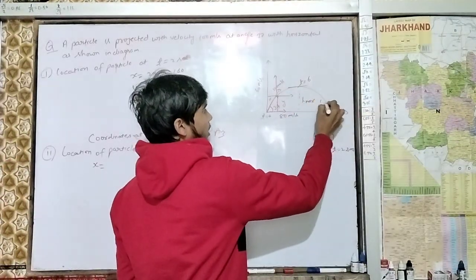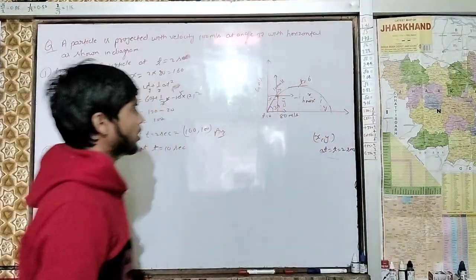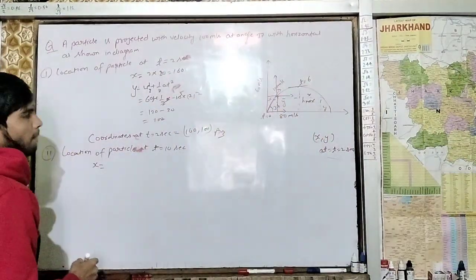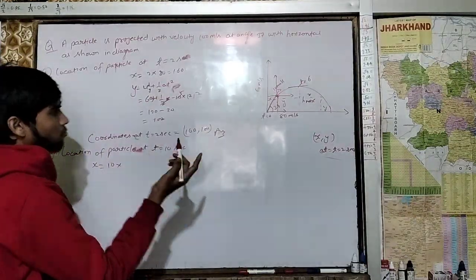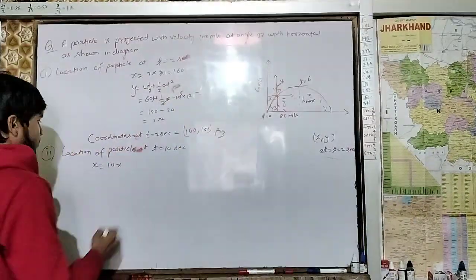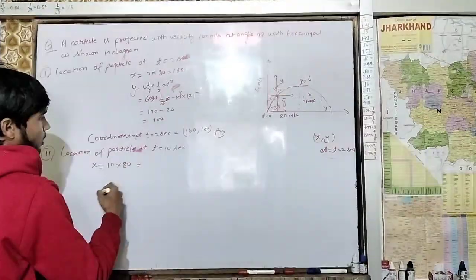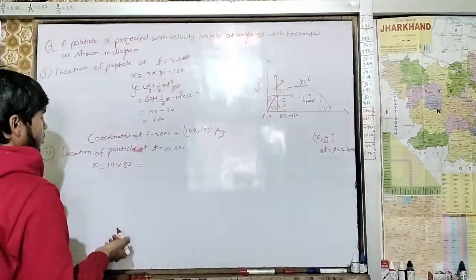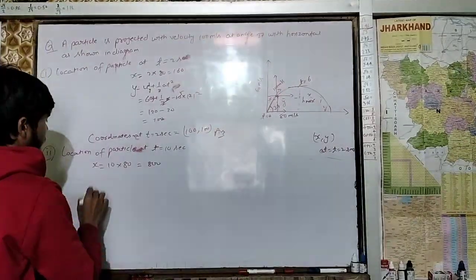This is our y, and this is going to be x. x is greater. So time is 10, and ux is 80. So 80 multiplied by 10, this will become our x. So 80 multiplied by 10 is 800.